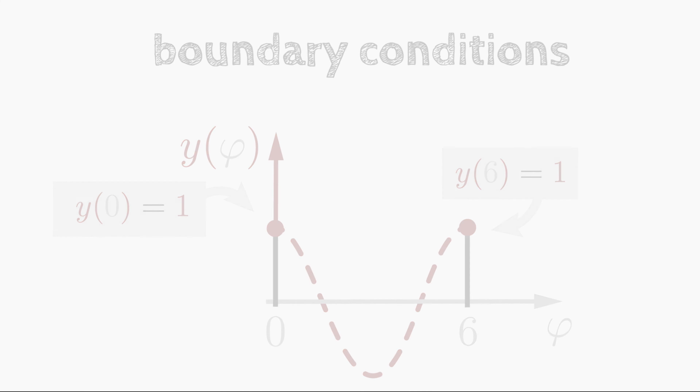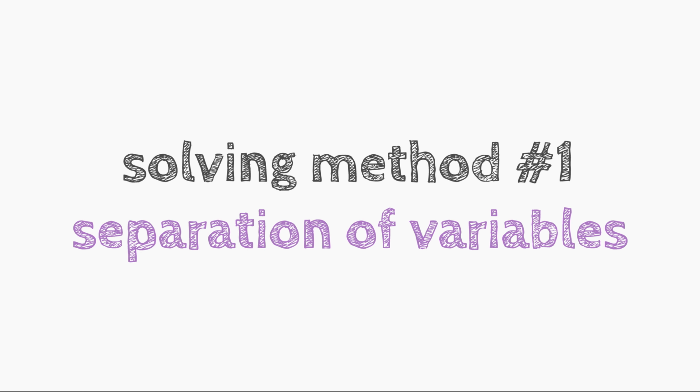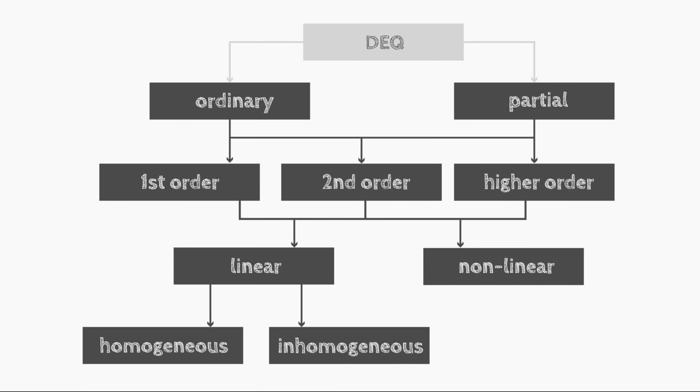So far, so good. Now, let's look at 4 methods with which you can solve simple differential equations. Solving method number 1. Separation of variables. With this method, you can solve ordinary differential equations of first order, which must also be linear and homogeneous.